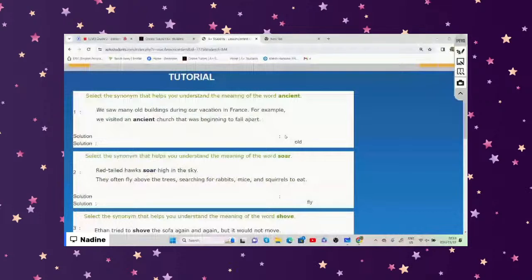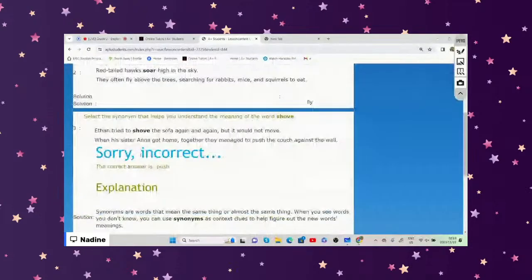All right. Ethan tried to shove the sofa again and again, but it would not move. When his sister Anna got home, together they managed to push the couch against the wall. So, shove. Can you think of another word for shove?